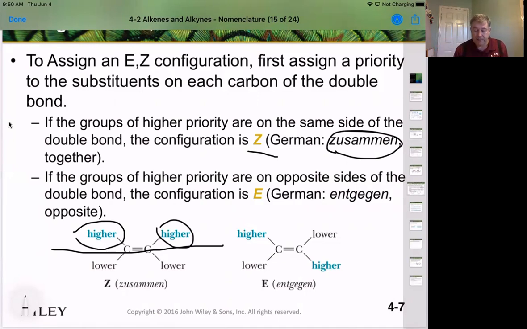So that being said, if we draw that line through there and those 2 higher priority groups are on opposite sides of that imaginary line, that's entgegen, or opposite side. And so we have same side, Z, opposite side, E, okay? All right, so now that we know it's kind of like cis and trans, but we're talking about highest priority, now we have to define what highest priority means, okay?